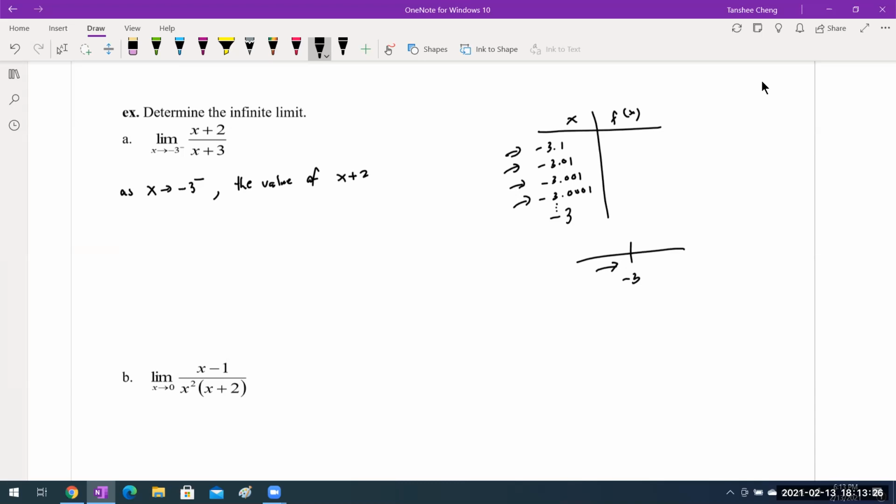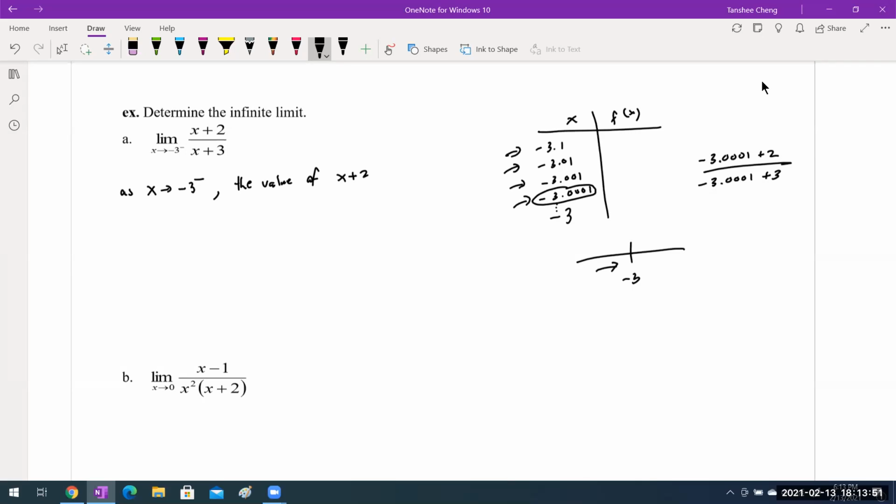To get an idea, not to fix on one particular case, I can look at a numerical value. So I will think about -3.001 plus 2, divided by -3.001 plus 3. Right? Try to get an idea.